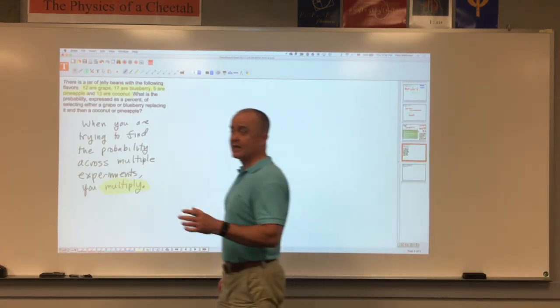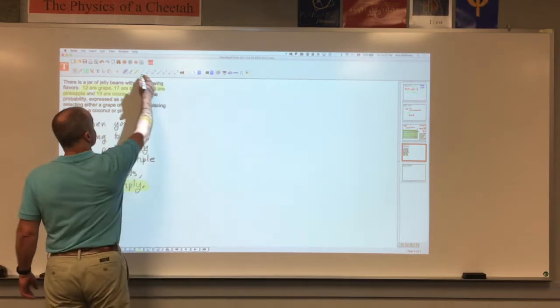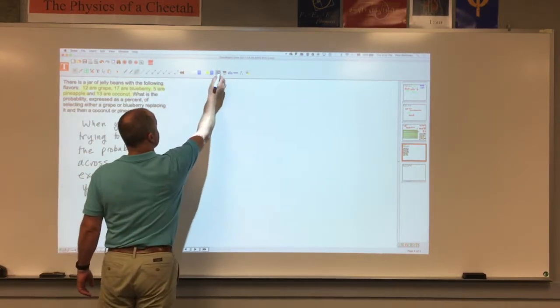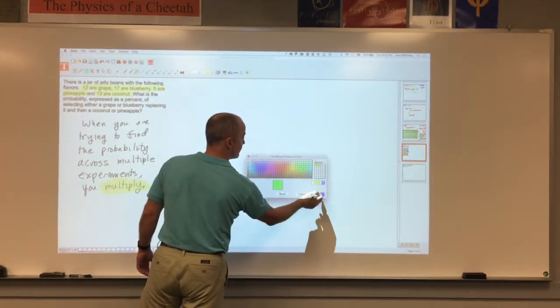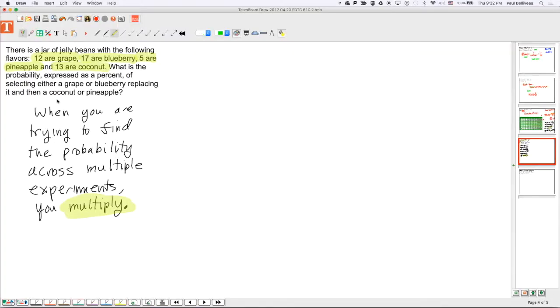This is not one experiment. This is the experiment of selecting a grape or a blueberry, replacing it, and then selecting a coconut or a pineapple. It's 2 different experiments. And if you want to know the probability of an outcome at the end of 2 experiments, you multiply instead. So let's see how this plays out.